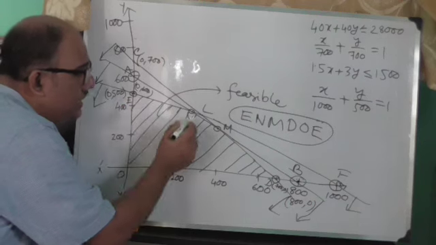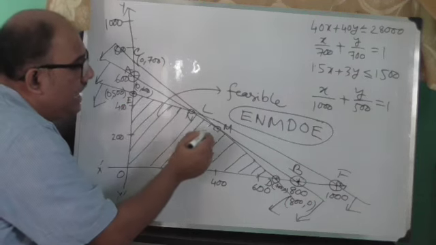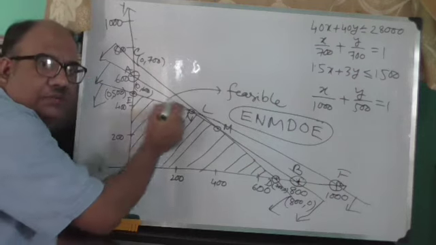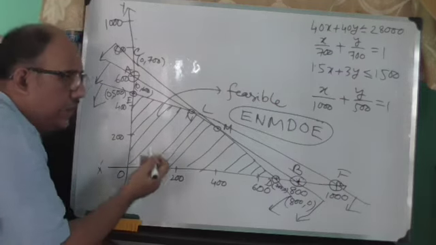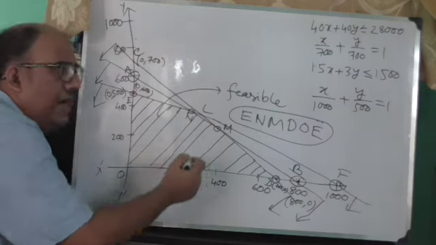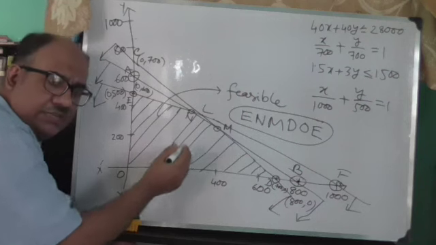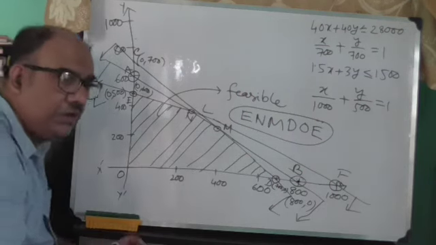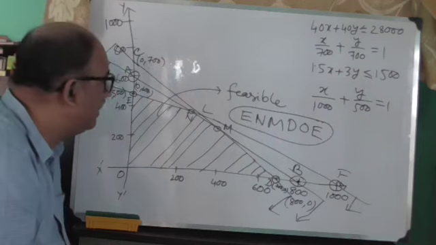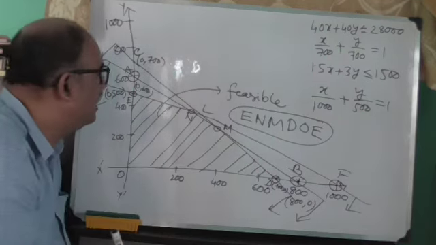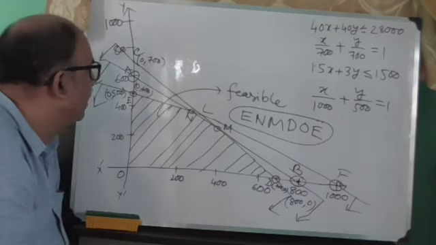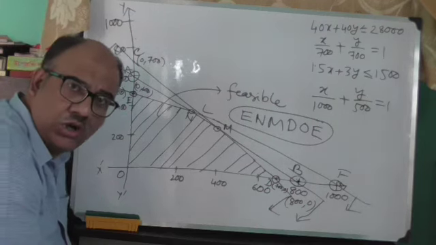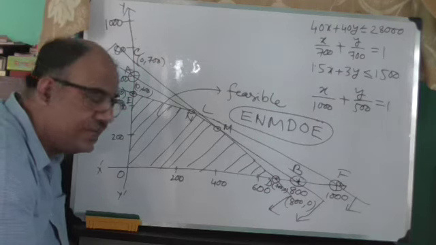EN, NM, MD, DO and OE are the 5 different straight lines binding this region, and this is the feasible region. It is not necessarily always bounded, but in this case it is bounded. It is called feasible because it satisfies all the constraints as well as the non-negative restrictions.